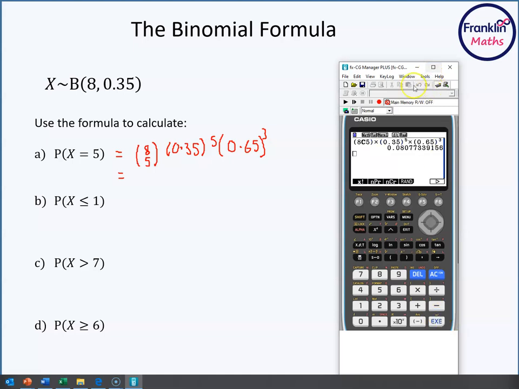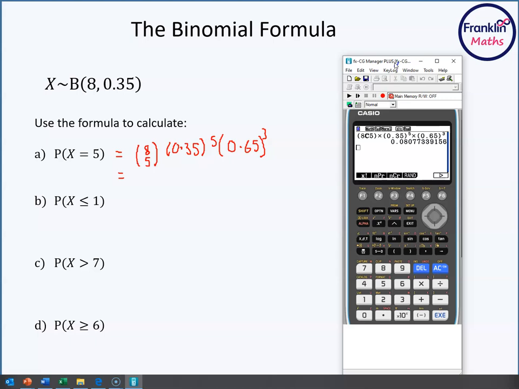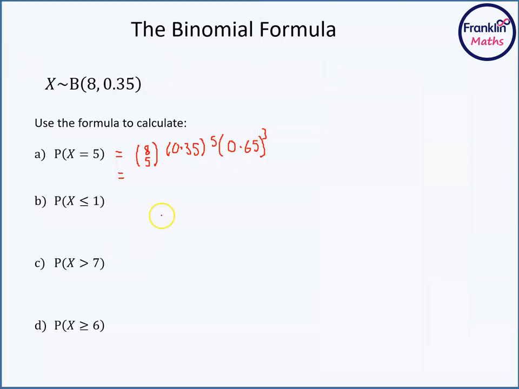And there you go. 0.0807, well, I'll take there's an 8 around it. So that comes out as 0.0808.